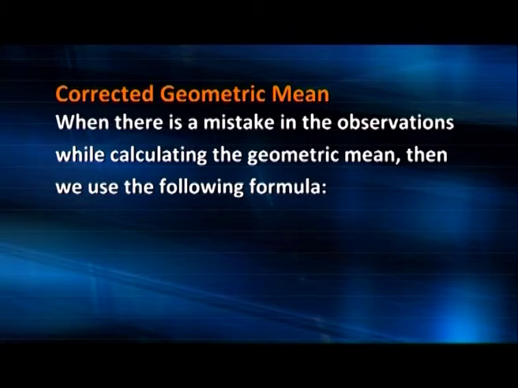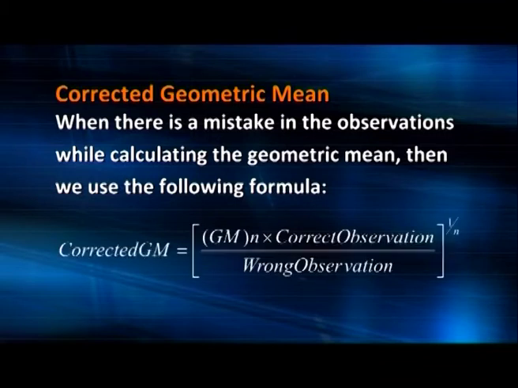Corrected geometric mean is used when there is a mistake in the observations while calculating the geometric mean. We use the following formula to apply the correction. The correct geometric mean is equal to the product of the geometric mean of the observation and the correct observation divided by the wrong observation, to the power of 1 by n. Here is an example.